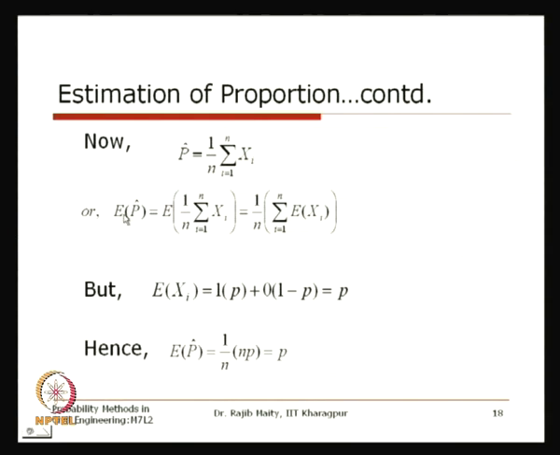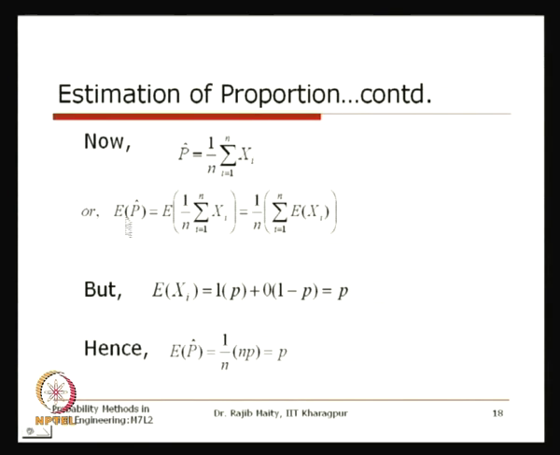Now, the expectation of this estimate is the expectation of 1 by n times the summation of these values, which we can write as the expectation of each and every outcome, which are also random variables. And we know that for Bernoulli trials, each and every outcome is independent and has the same probability of success, so the expectation of xi is p.